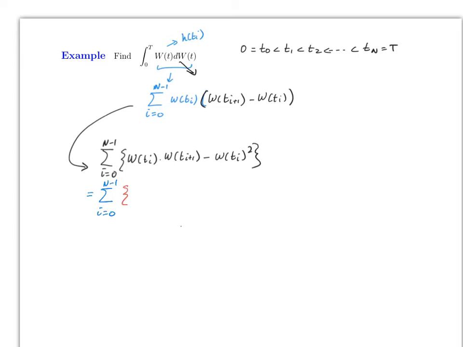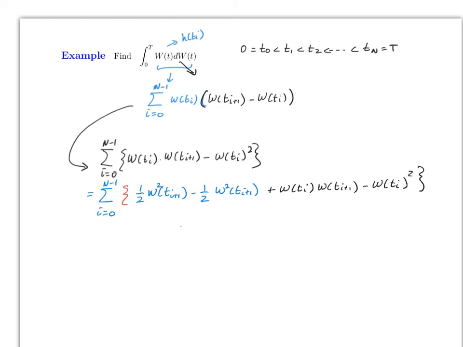The nothing we're going to add is 1/2 W(t_{i+1}) squared minus 1/2 W(t_i) squared. Remember, this is equal to 0, and you still have here the plus W(t_{i+1}) minus W(t_i), squared.